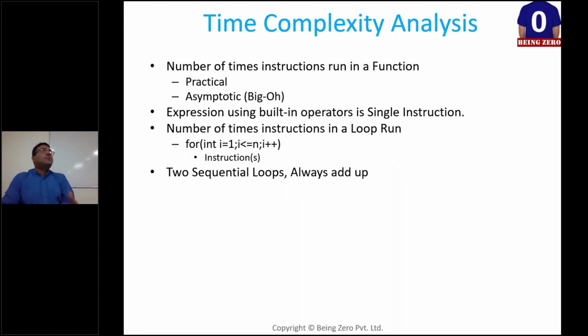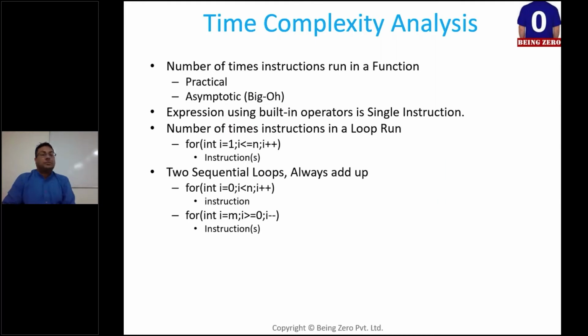If there are two sequential loops in your function, the first loop runs and then the second loop runs, then the number of times the instruction in the first loop runs plus the number of times the instruction in the second loop runs; they both add up. It's like I'm giving you two boxes, both full of chocolates. First you finish the first box, then the second box. If the first box has 10 chocolates and the second has 9, in total you eat 19.